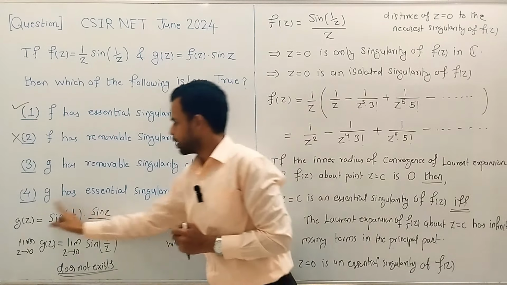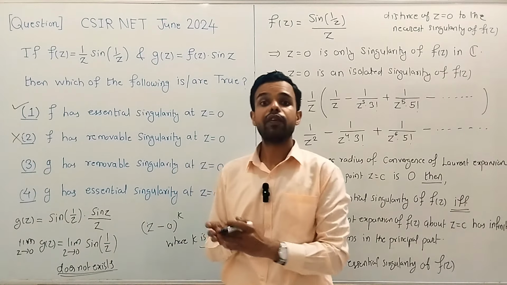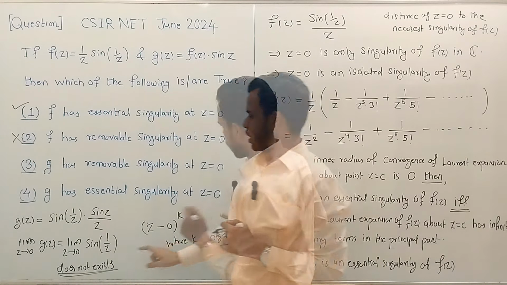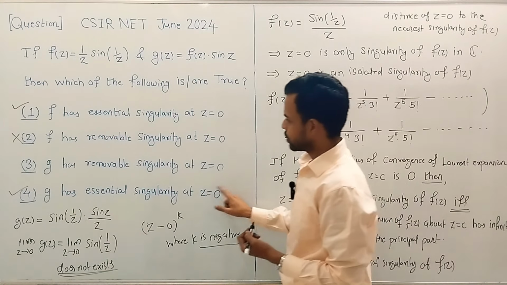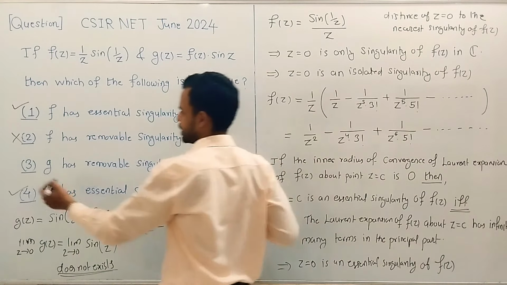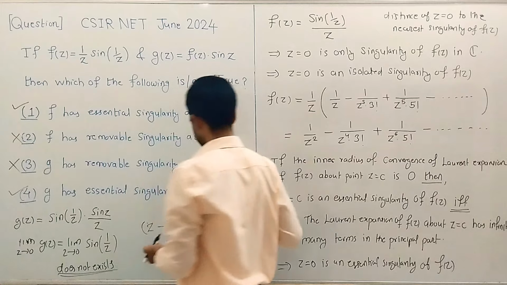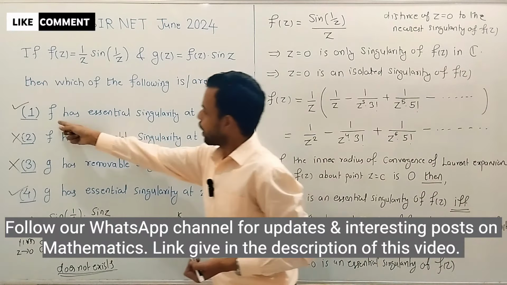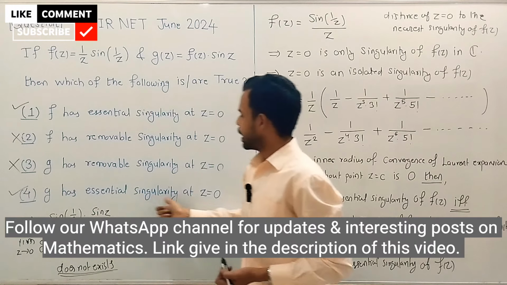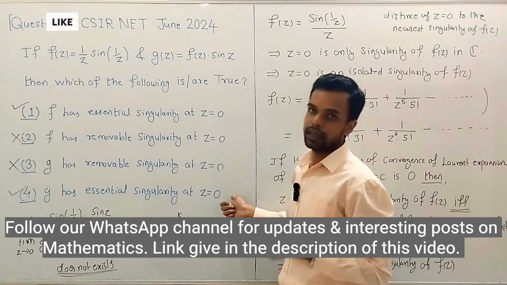Okay, this is by the definition of essential singularity. So option 4 is true, and as option 4 is true, option 3 is wrong.